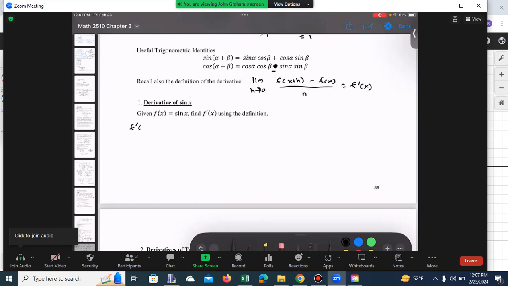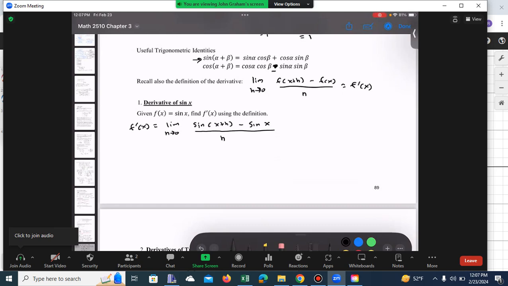f prime of x is going to be the limit as h goes to 0 of sine of x plus h minus sine of x over h. And we have what sine of x plus h equals.